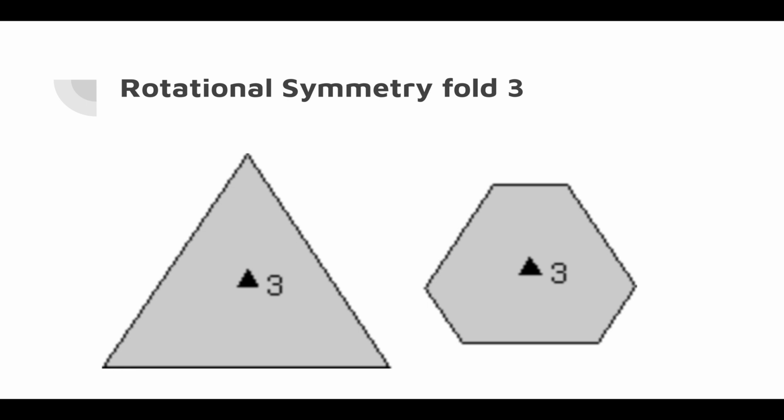A filled triangle is used to symbolize the threefold rotation axis. So right here you can see there's a triangle, and these are examples. As you can see, if you rotate it 120 degrees, you get the same image.